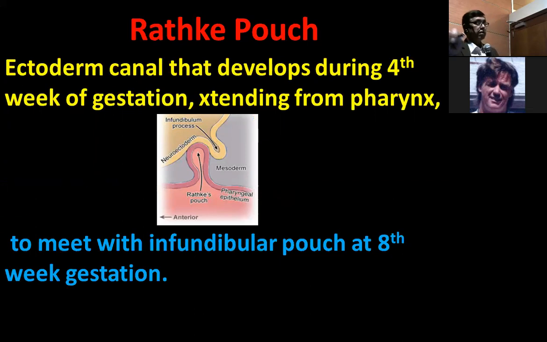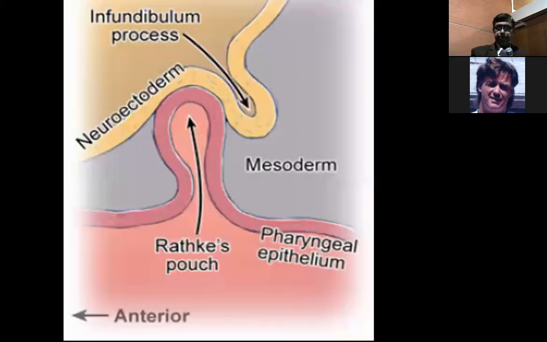This pouch occurs at the 4th week of gestation, and the meeting appears in the 8th week. So one pouch from the pharynx, one pouch from the diencephalon, from the brain. This is going to form the anterior pituitary, and this is going to form the posterior pituitary.